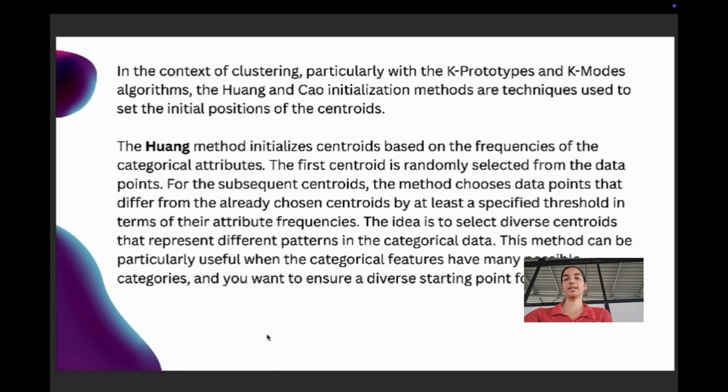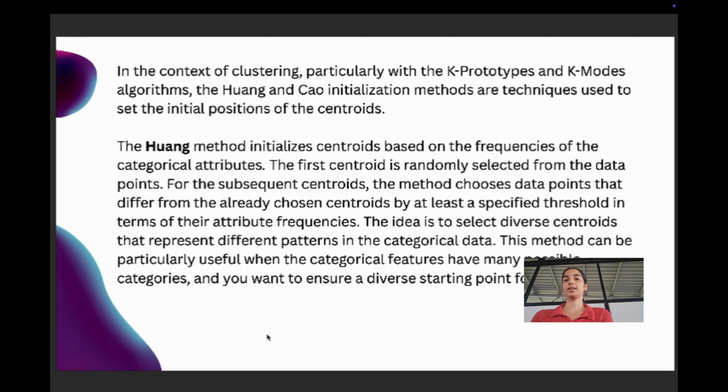In the context of clustering, particularly with the K-prototypes and K-modes algorithms, the Huang and Cao initialization methods are techniques used to set the initial positions of the centroids. The Huang method initializes centroids based on the frequencies of the categorical attributes. The first centroid is randomly selected from the data points.